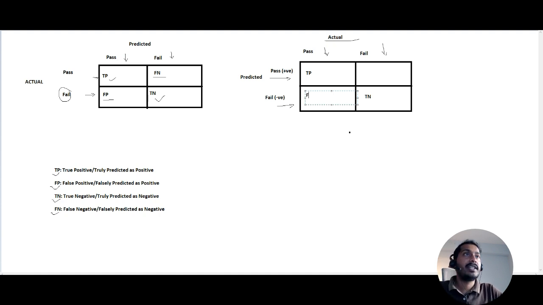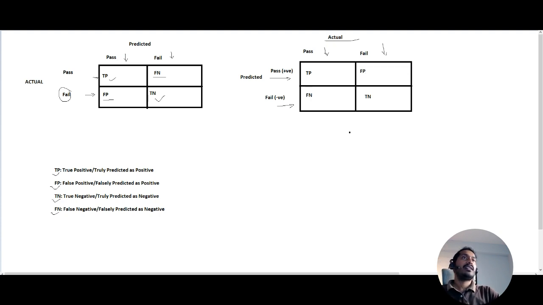Okay, my bad, it's false. So this is false because actually this is pass, but it's saying fail. So this is fail, falsely predicted, and what is the prediction? It shows negative, so falsely predicted as a negative. Now this value would be false. Again this value would be false. So false but predicted as a positive, so we'll write it as a false positive.